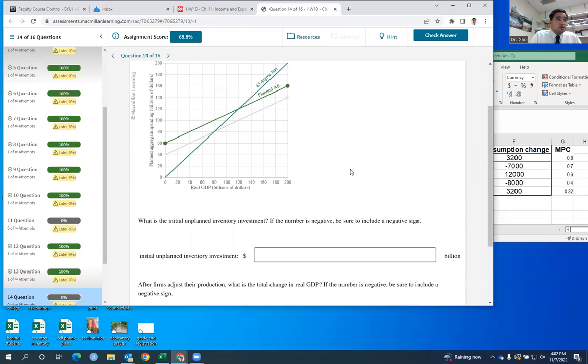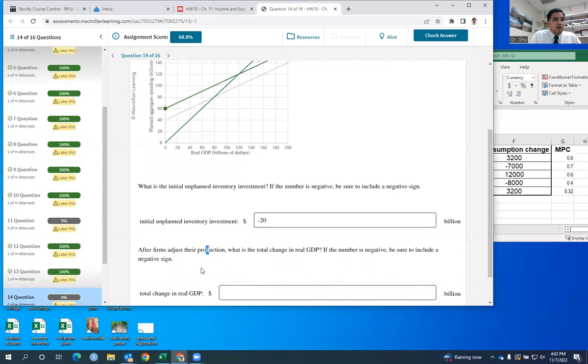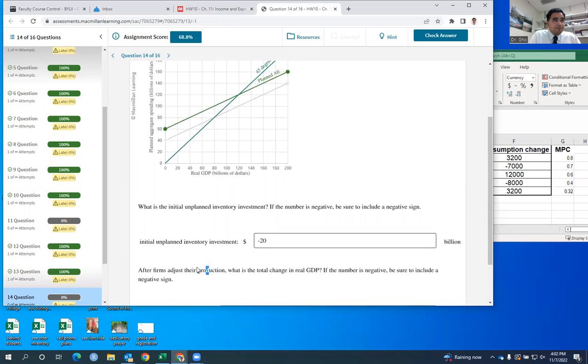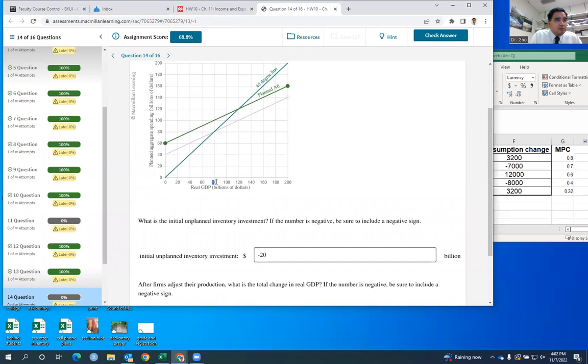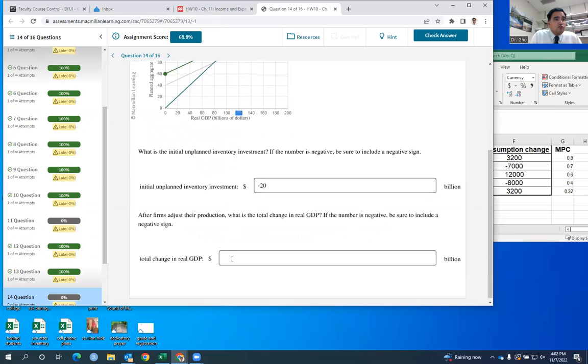What is the initial unplanned investment? That unplanned, so if you're going from 40 to 60, that's the unplanned of negative 20, because unplanned is negative. After firms adjusted production, what is the total change in real GDP? We were at 80 billion before, and the new one is at 120, so that's 40 billion.